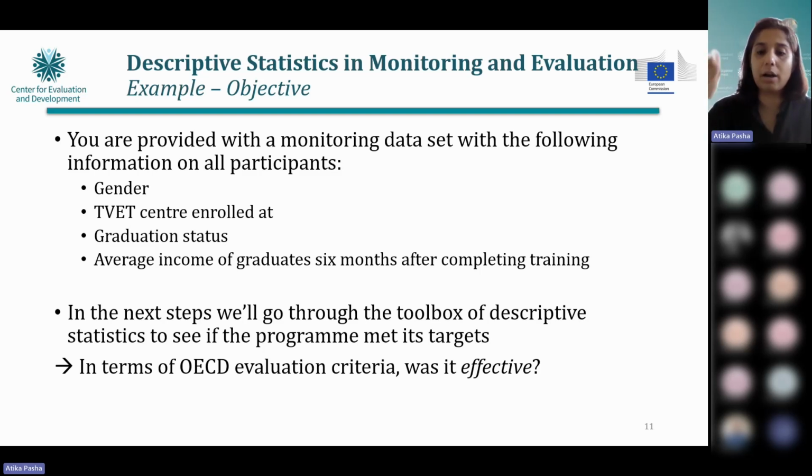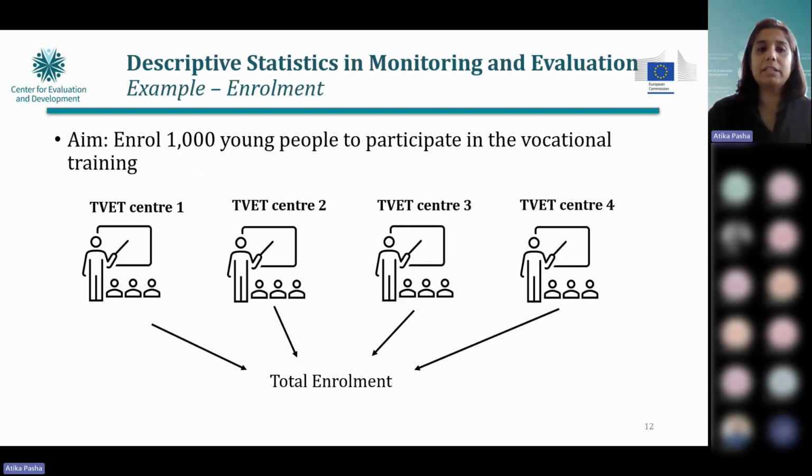Did it meet its targets? For that, let's first look at the first specific goal: did we manage to enroll 1,000 young people to participate in this vocational training program? In your capacity as evaluation officers, or supervising evaluation, you would go to each of the TVET centers. Let's say in this case we have 4 TVET centers, and try to get the enrollment from all 4.